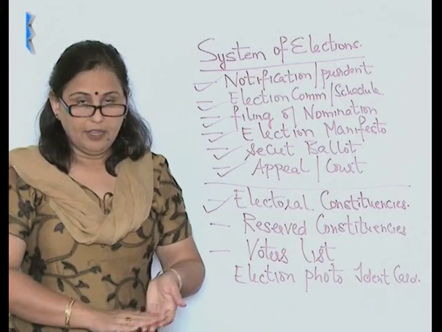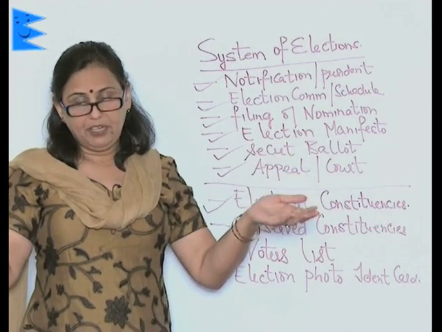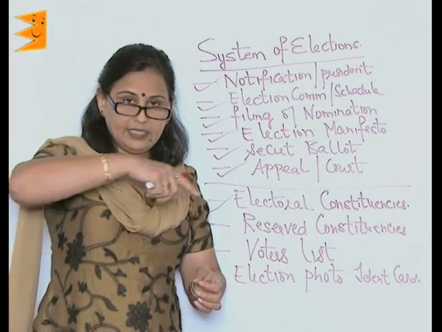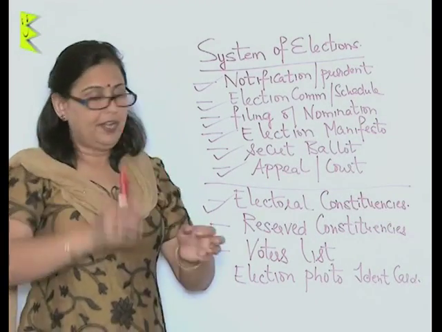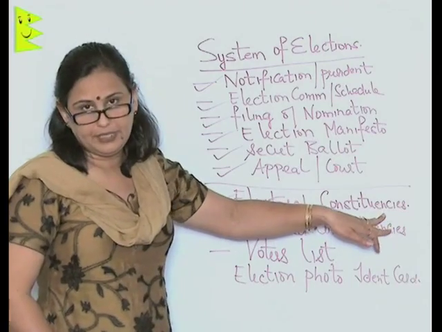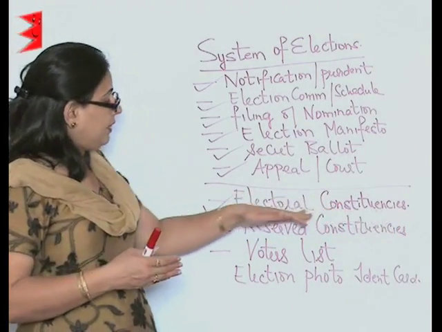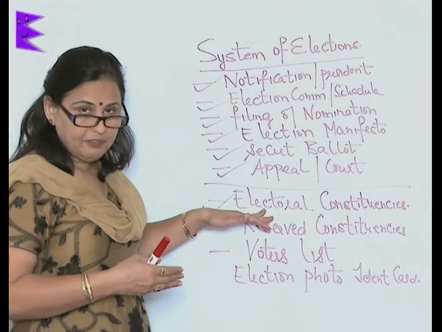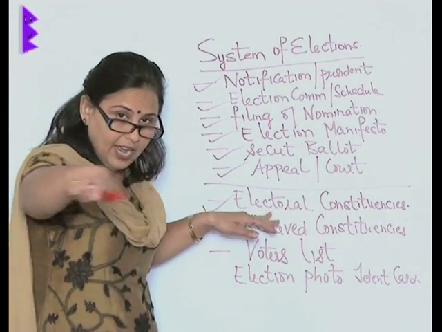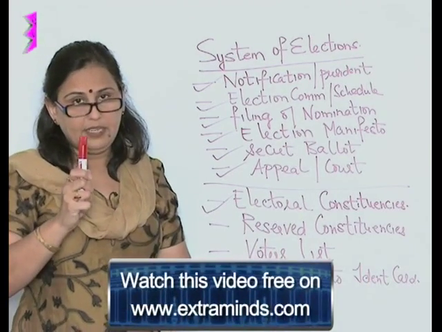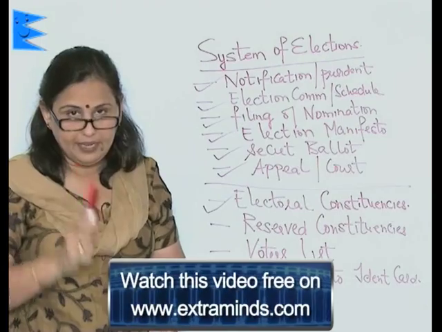That is, first of all, we already have the division of the country into states, and then the states get further divided into various constituencies. For example, it could be 90 or 100 from wherein they elect their representatives. That is, the people of that particular area elect one person as their representative.